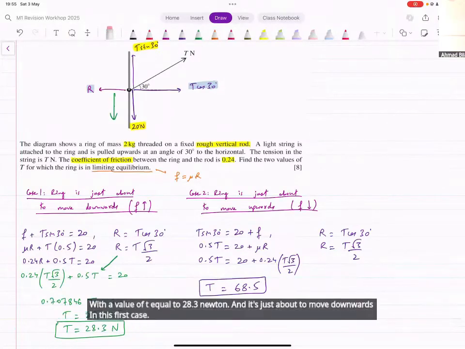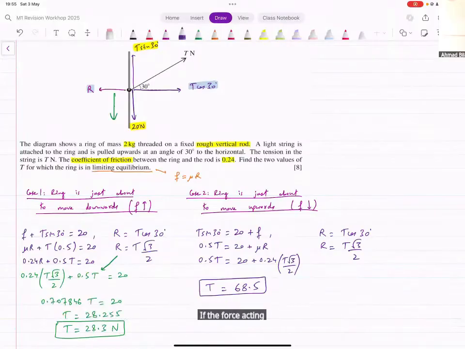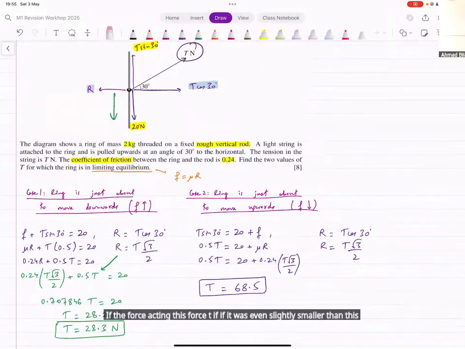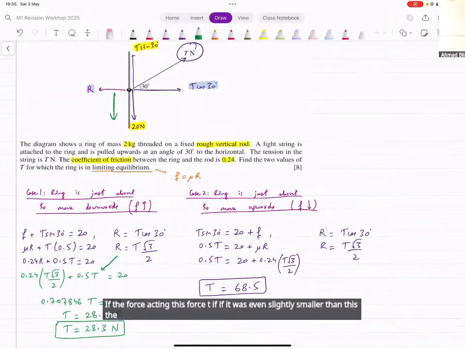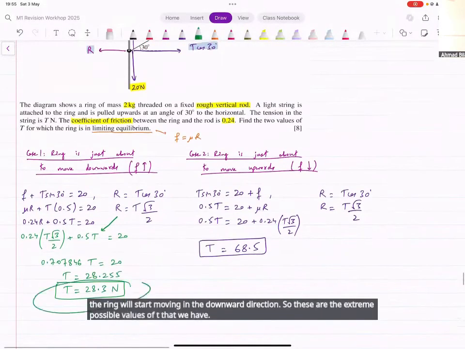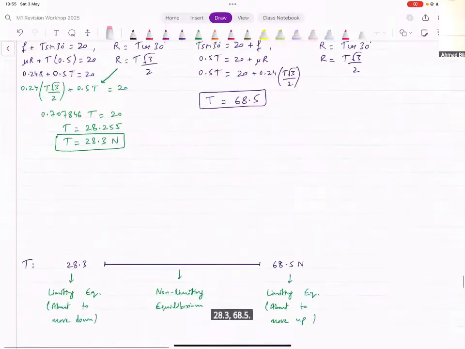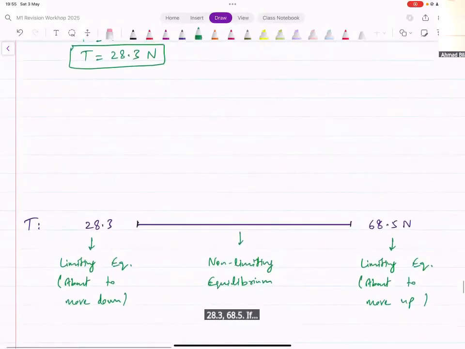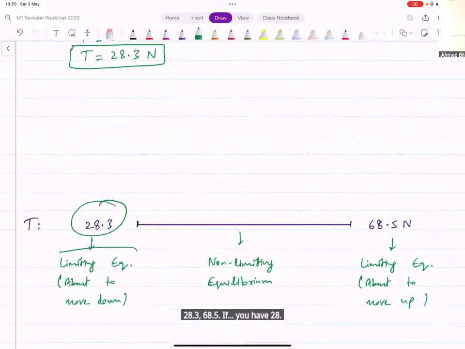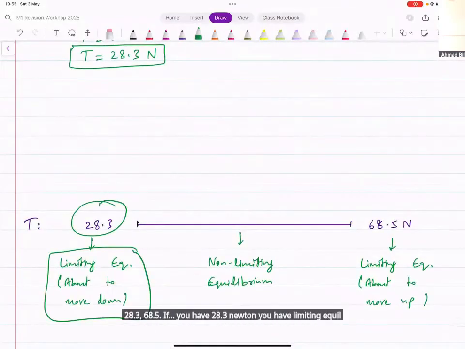If this force T was even slightly smaller than this, the ring will start moving in the downward direction. So these are the extreme possible values of T that we have: 28.3, 68.5. If you have 28.3 Newton, you have limiting equilibrium with the ring just about to move down.